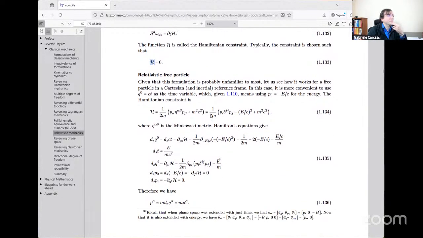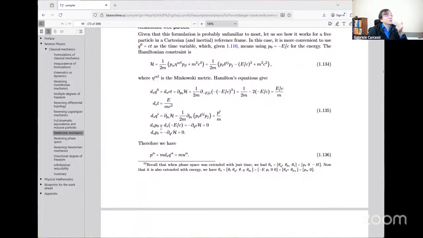And we saw that for a free particle, it's basically the norm of the four-momentum plus m squared c squared. So essentially the Hamiltonian constraint is fixing the norm of the four-momentum.